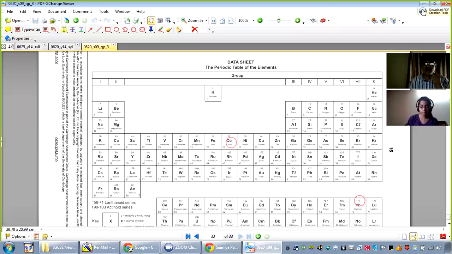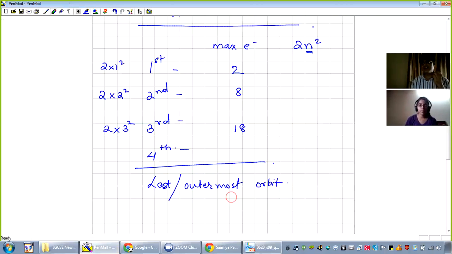So we'll take up their atomic numbers and work out their electronic configurations. Right now we are just doing the basic formula, how many electrons you will be able to place in a particular orbit. Now we are going to come to the fourth orbit. How many electrons, by applying this formula, will you be able to place in the fourth orbit?